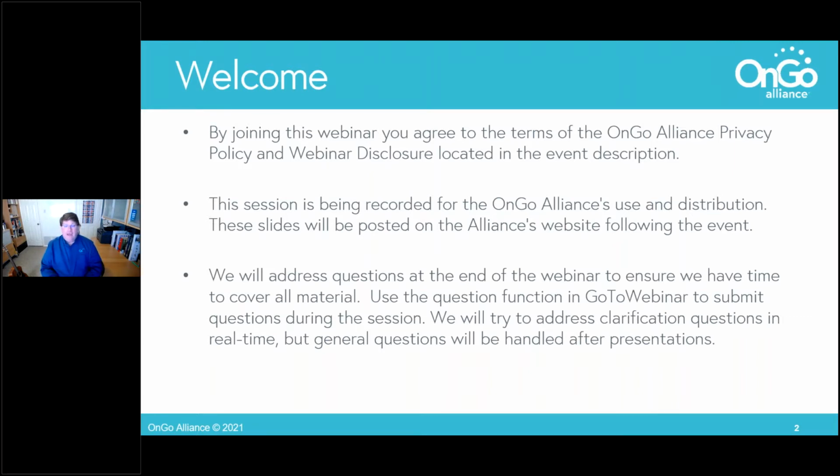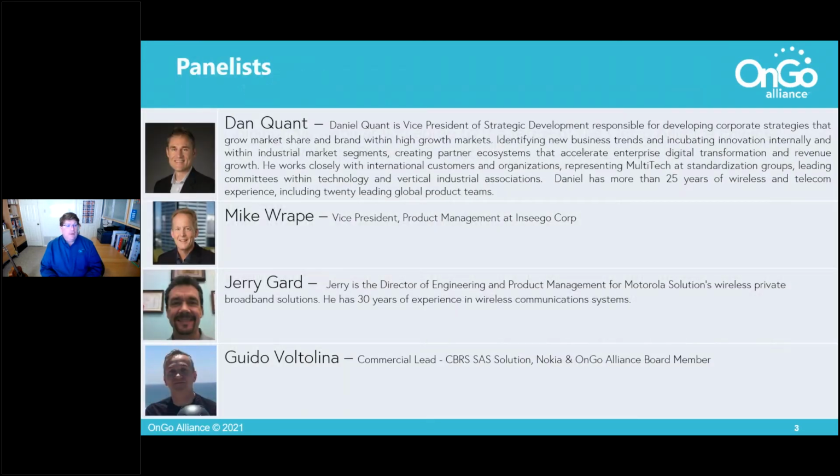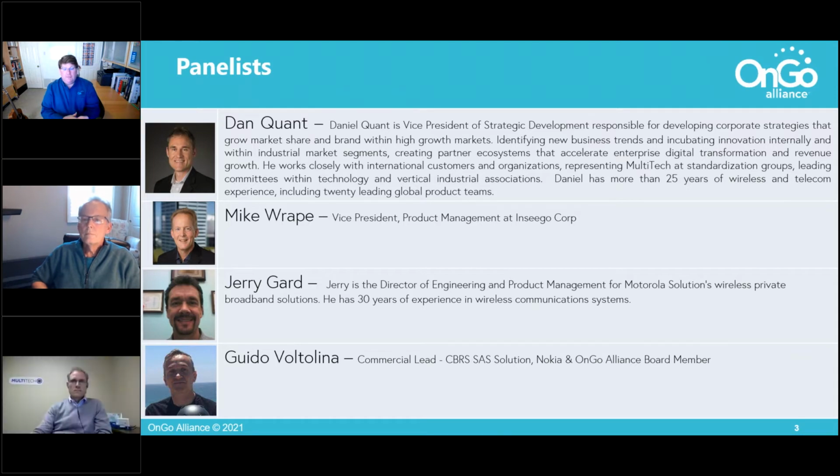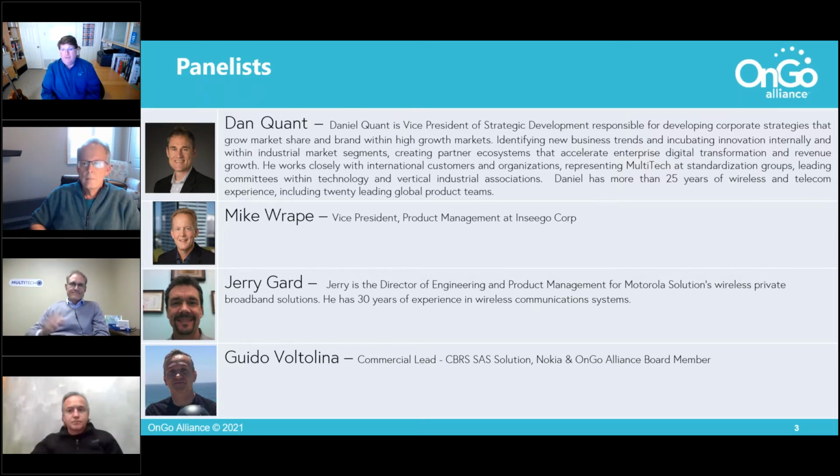So with that, I would like to invite our panelists up on stage here, and I have a quick introduction for you. So first of all, Dan Quant. Dan is Vice President of Strategic Development and responsible for developing corporate strategies at our friends at MultiTech. He's been representing MultiTech in various standardization groups.